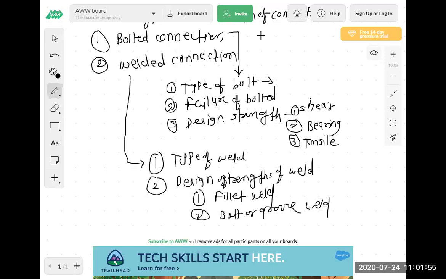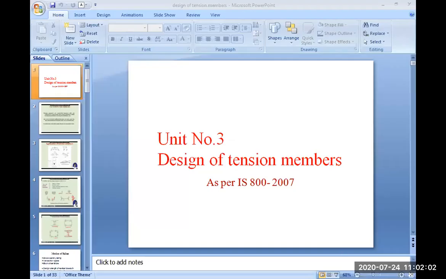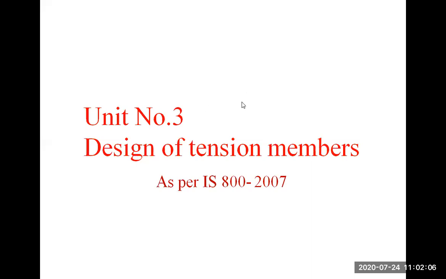So I will share another screen. Everyone write down the next unit, unit number 3. The title of unit number 3 is tension member, or design of tension member.